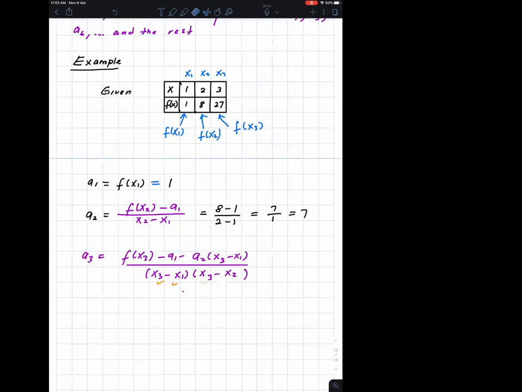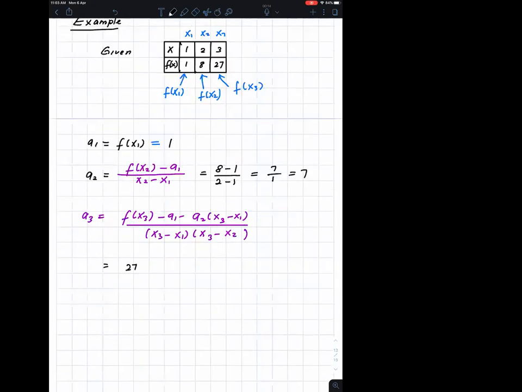Using this formula, just plug and chug: 27 minus 1 minus 7.